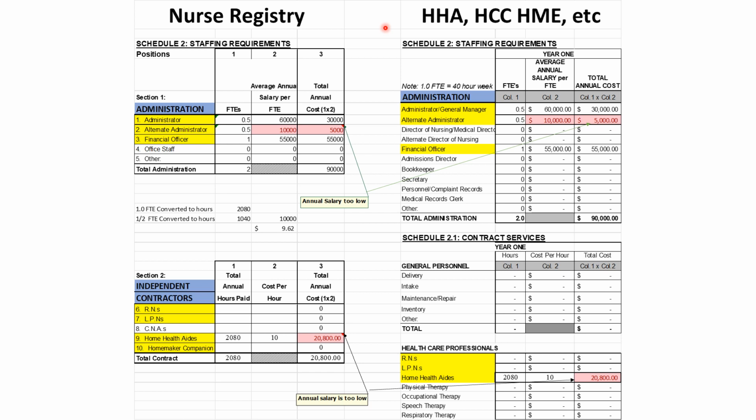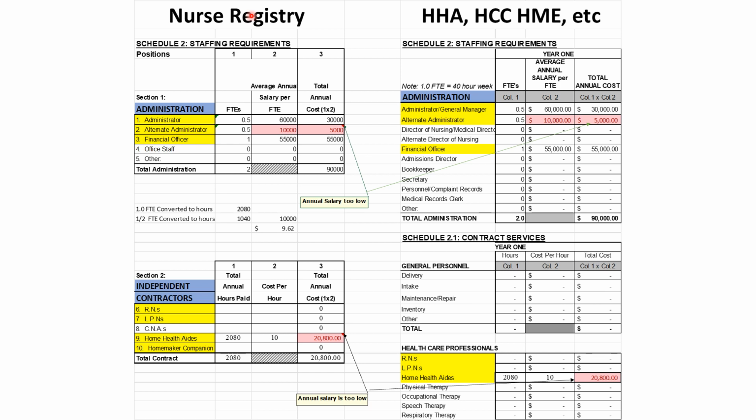Let's take a look at the independent contractor portion, and that's on the bottom of both of these schedules here. On the independent contractors, they're asking for the hours worked and the cost that you're paying that person per hour. And these rates must not be less than the published minimum rates here in the state of Florida, and particularly have to be in line with what your rate is in the county.